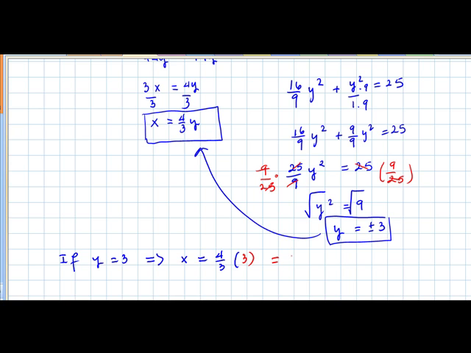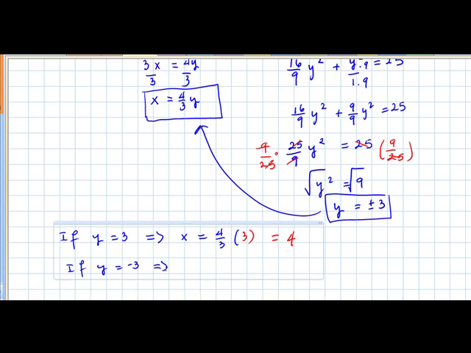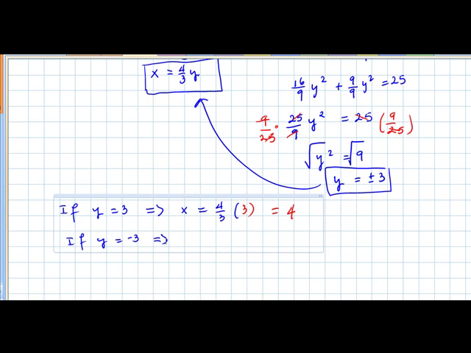So now I have x equal to 4, because the 3s cancel out. If y is minus 3, then I will have 4/3 times y, but y now is minus 3, so I have minus 4 for x.